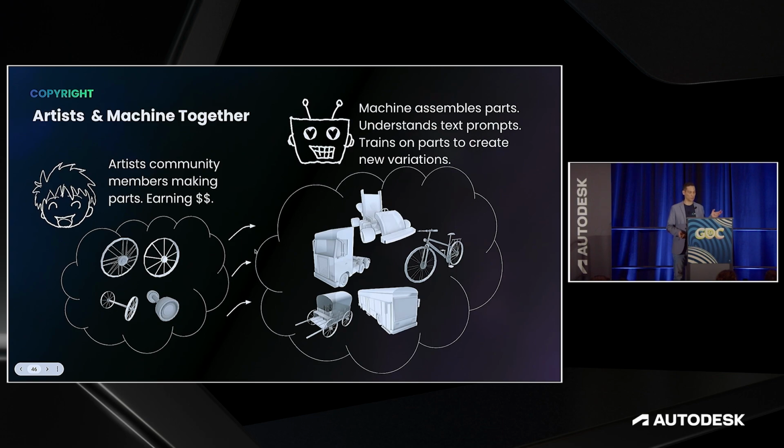And then we have the machine assembling it together, being able to have text prompting on top of it, and to also train and create new variants on that. So when you're using us, you could probably trace what you're doing to a specific human being, but you know that that person licensed what you're using, right? So it's safe to use.